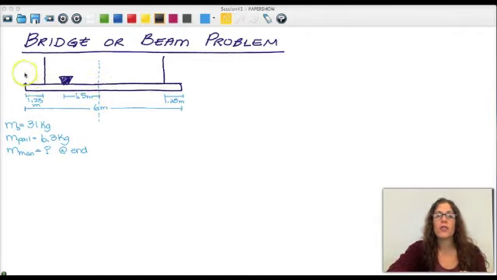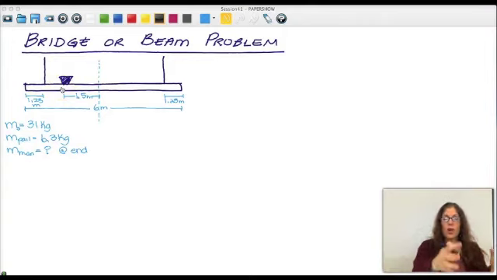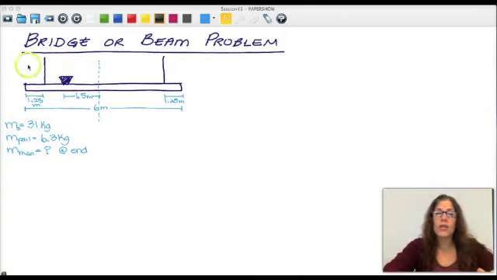If he walks out this end, this pail now takes away from the allowed mass that he can have. So this end is less safe than this one. So if we find out how much he can be over here, then we can stop there. We don't need to do both sides in order to figure this out.